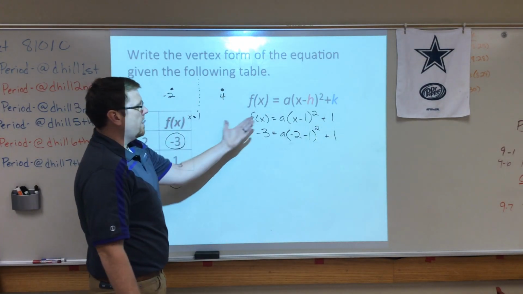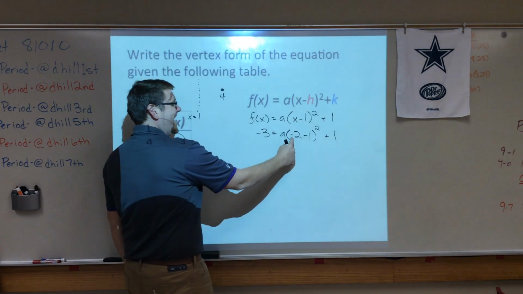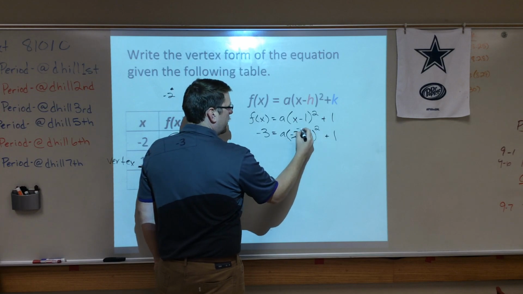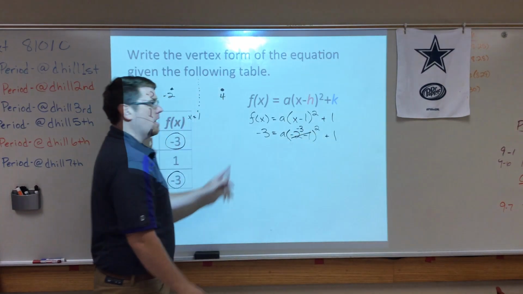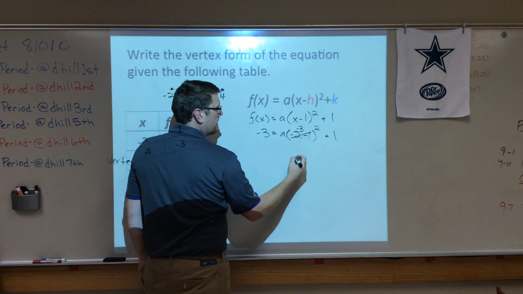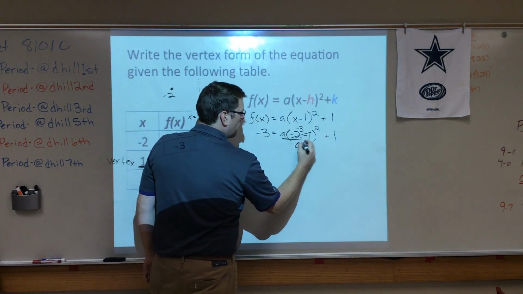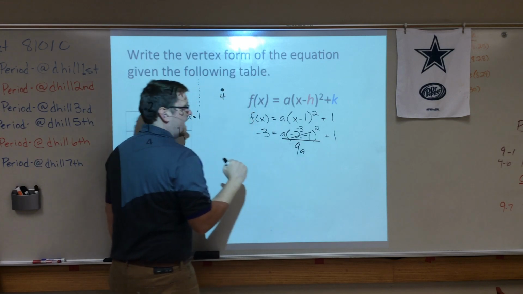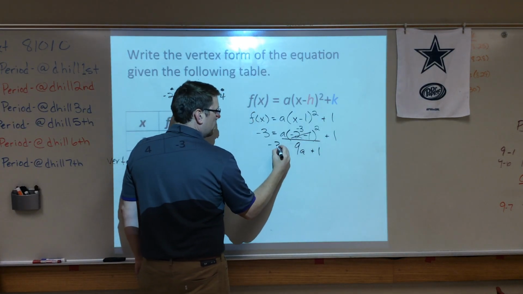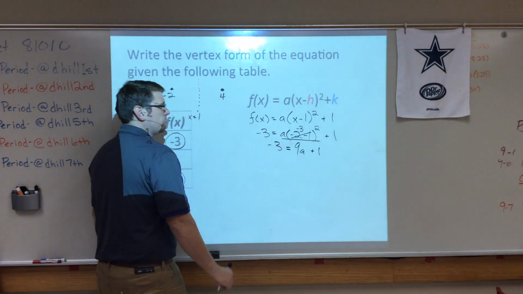Now only my a is left, so I can solve. -2 minus 1 is -3. Be careful with those positives and negatives. -3 squared is 9. So all of that simplifies to 9a. Plus 1, and it all equals -3.